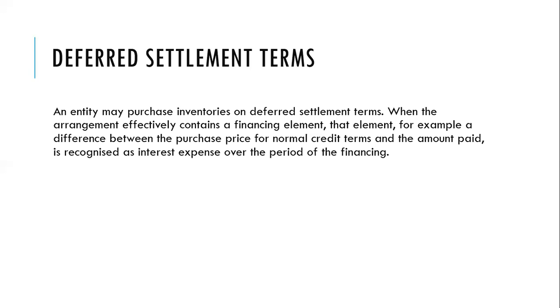Now you are buying on credit terms, and the seller tells you, normally we would sell to you at $10 per unit, but because you're going to pay over a period of 1 year, we are going to sell to you at $15 per unit.